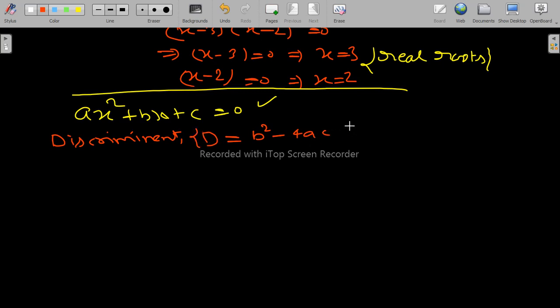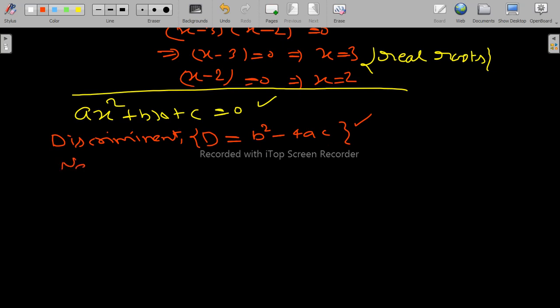This is how we calculate the discriminant of the quadratic equation, and it is found by the completing the square method. We can also discuss that, but here we are confined to discussing the nature of the roots only, so we are not going into that. Simply, the discriminant is b square minus 4ac.